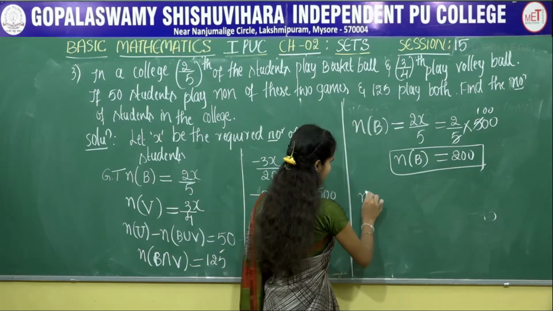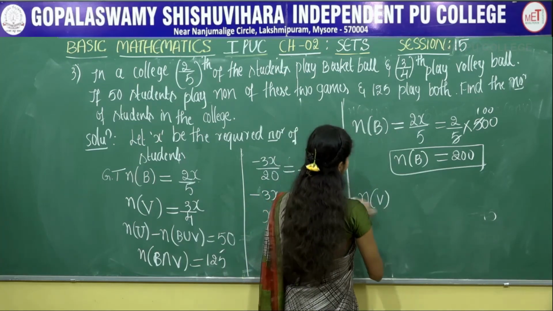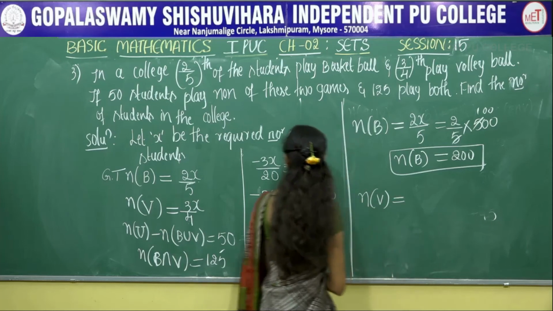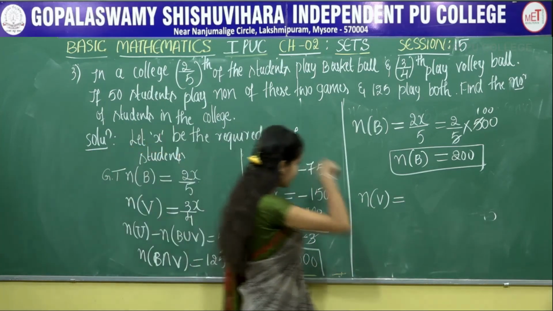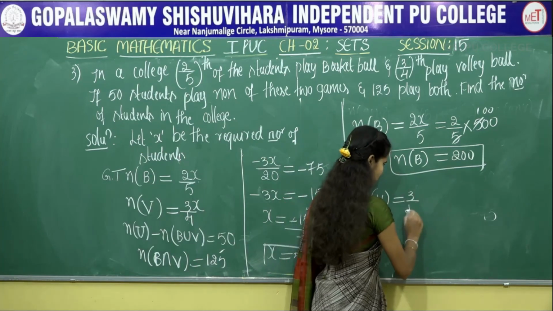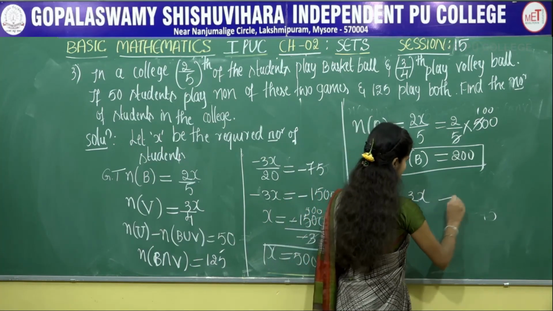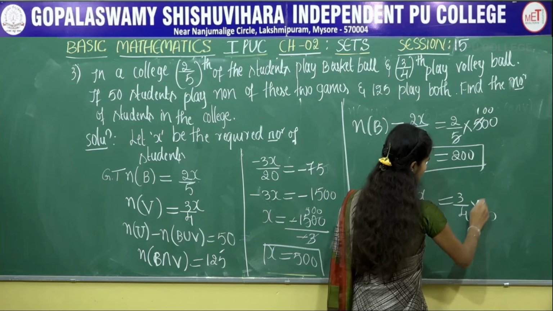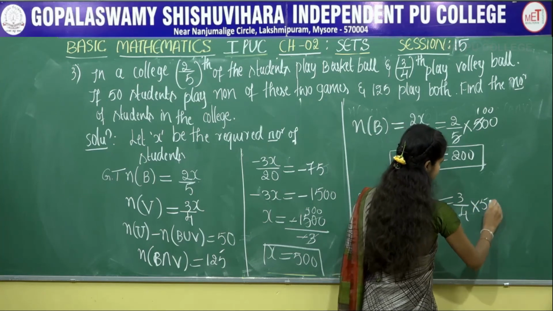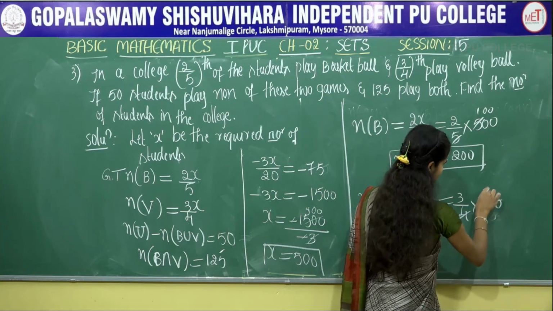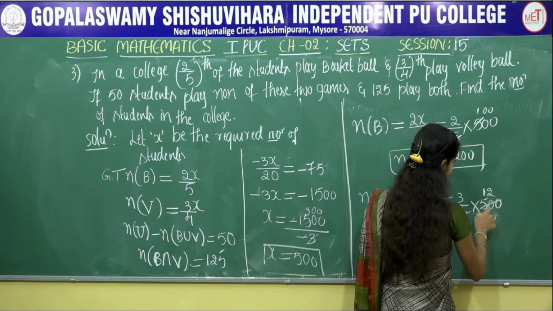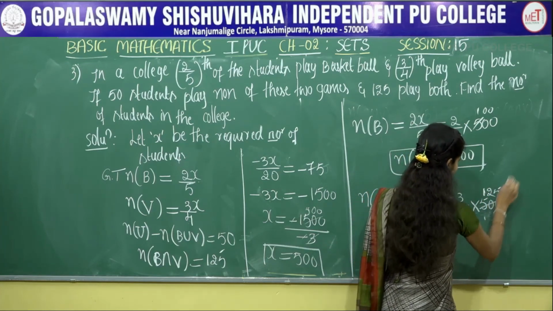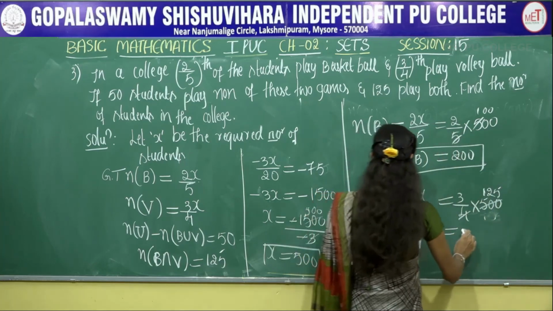Next, n of V. n of V is 3 by 4th of the total number of students. So 3 by 4 into x, so 3 by 4 into 500. 4 5s are 20, 4 25s are 100, 4 125s are 500, so 125 into 3.